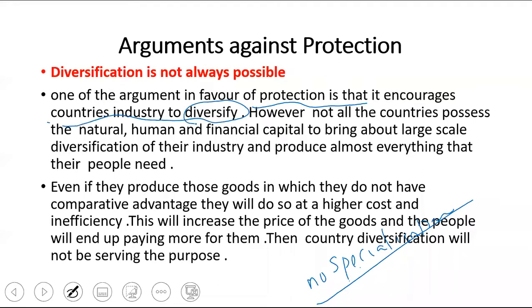One of the arguments in favor of protection is that it encourages countries to diversify. However, not all countries possess the natural, human, and financial capital to bring about large-scale diversification of their industry.